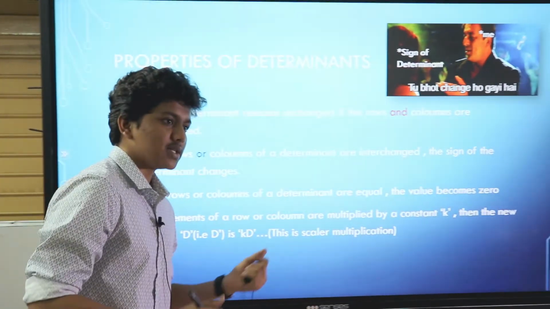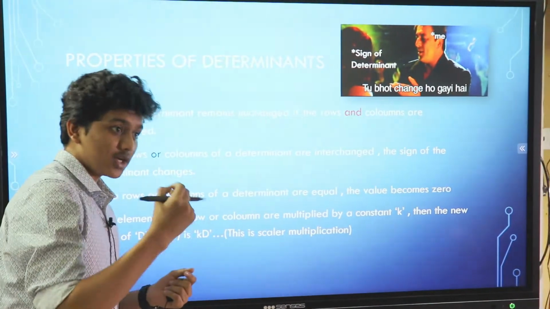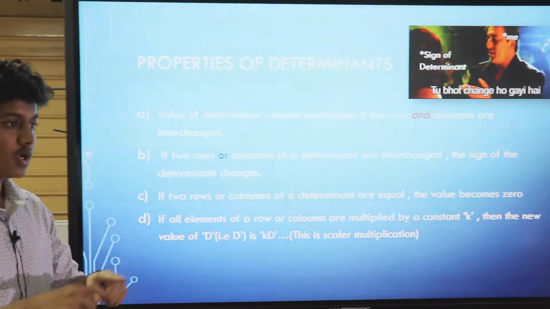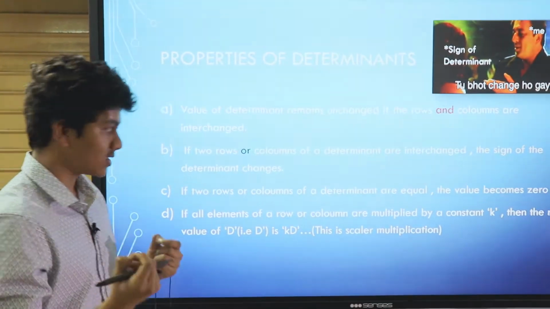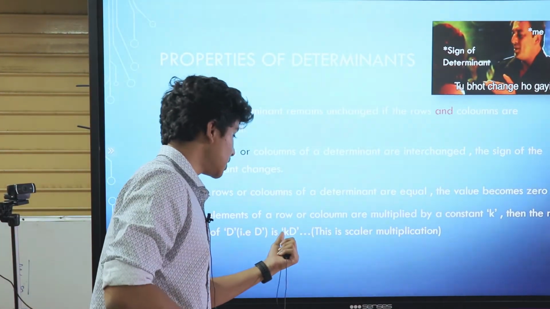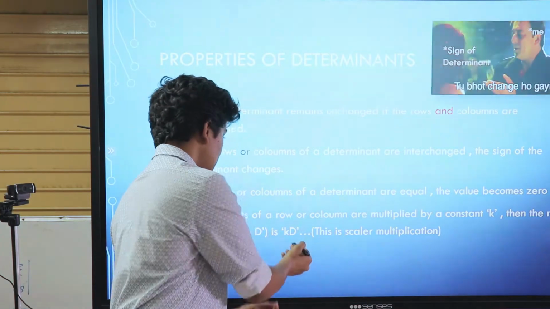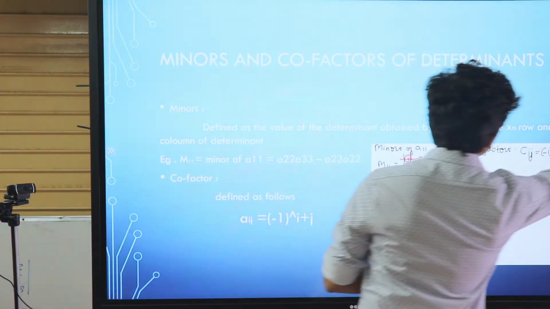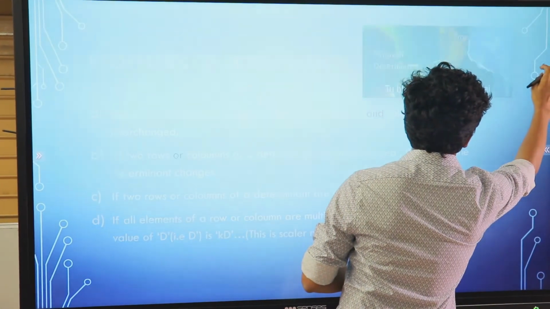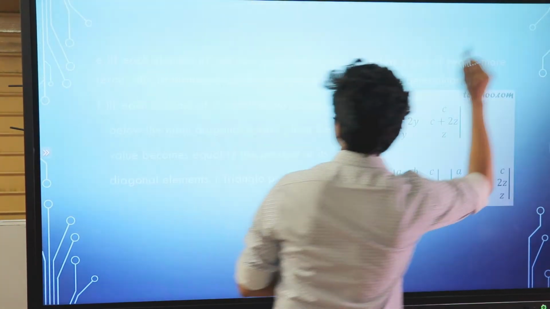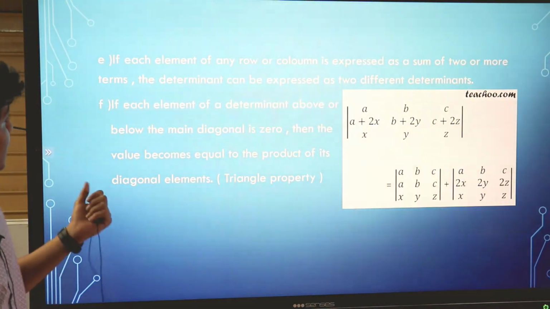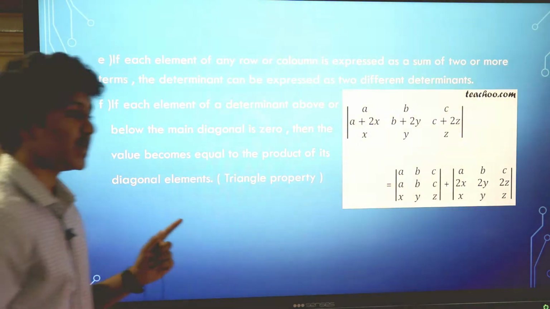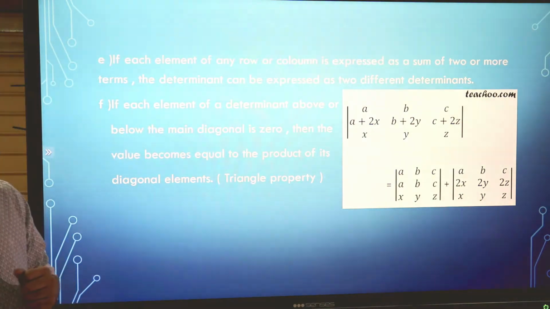And scalar multiplication: if I multiply any number or any constant into the determinant, then the whole answer can be written like this, which is the constant into the determinant's values. If each element of a row or column is expressed as a sum of two or more terms, the determinant can be expressed as two different determinants.